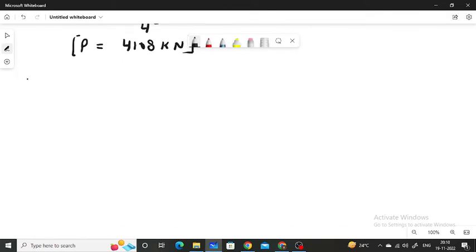Similarly, we can calculate the crippling load by Euler's equation for the column having one end fixed and other end hinged. In that case, the crippling load will be equal to 2 pi square EI upon L square.